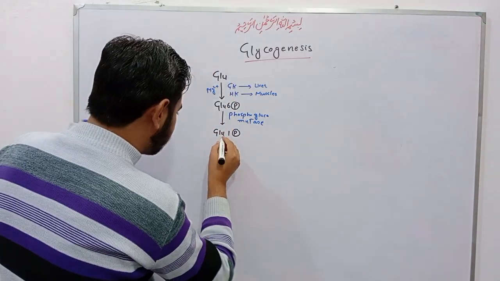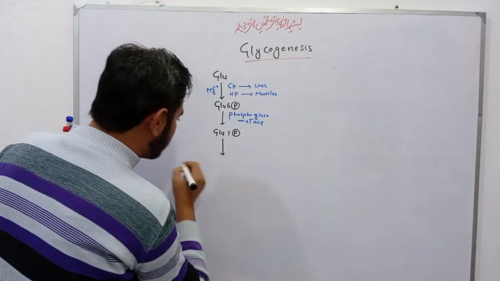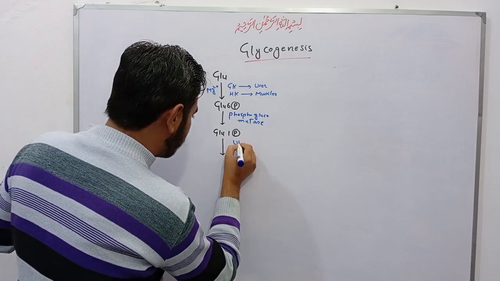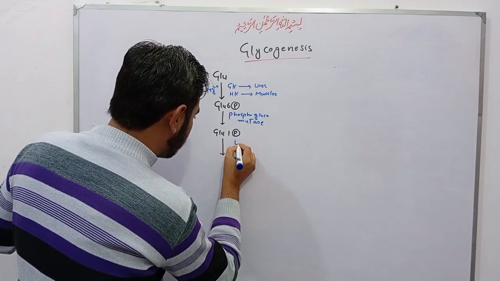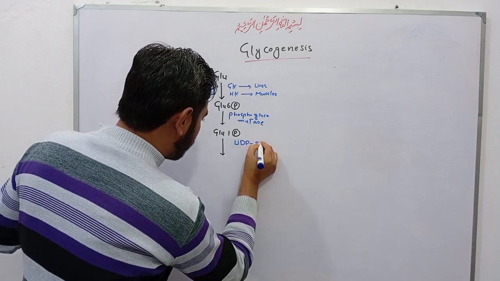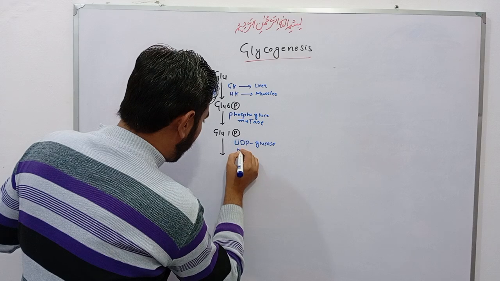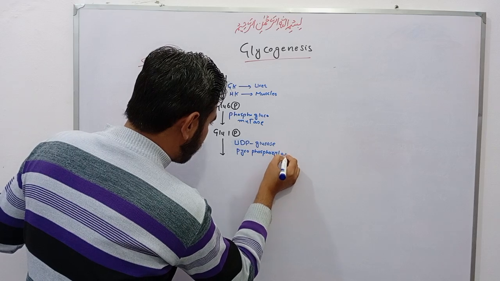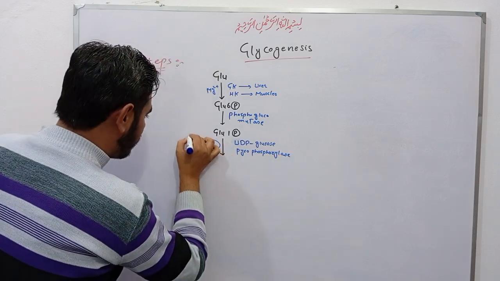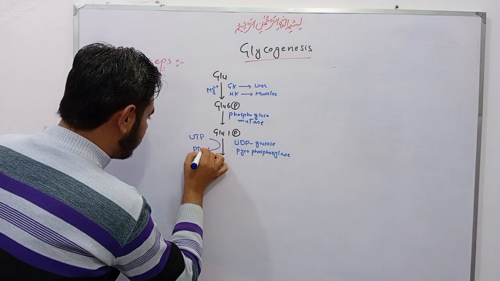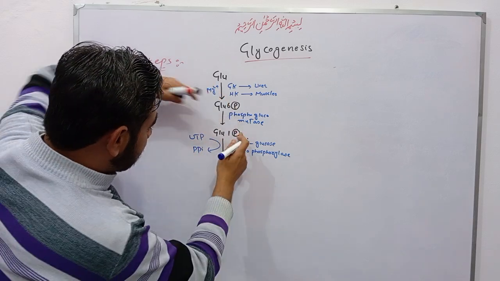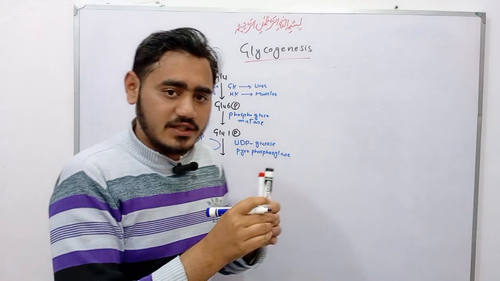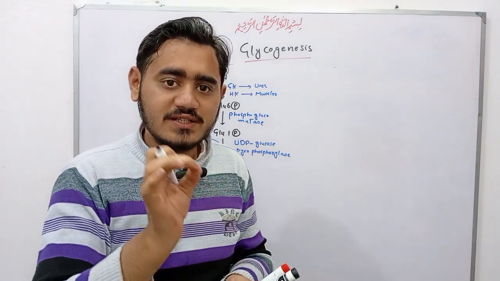In the next reaction, by the action of UDP glucose pyrophosphorylase, there is a release of PPi, that is pyrophosphate.